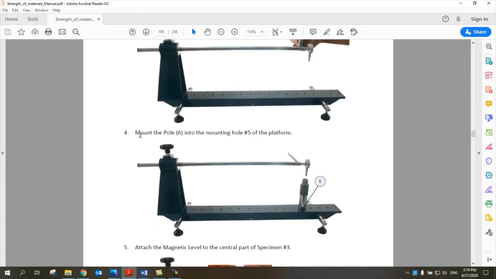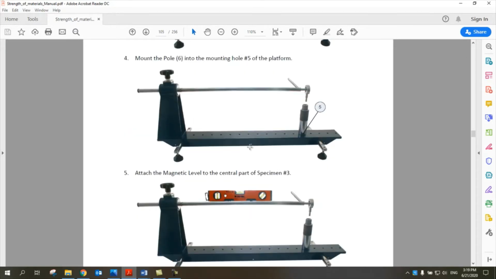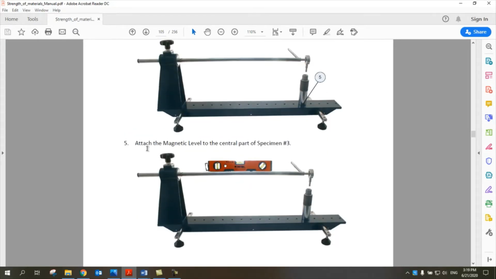Step number 4, we need to mount the pole number 6 element. This is the support, and we can rotate this screw to raise the height until it's fixed with the bearing. Step number 5, we need to attach the magnet level to the central part of the specimen.